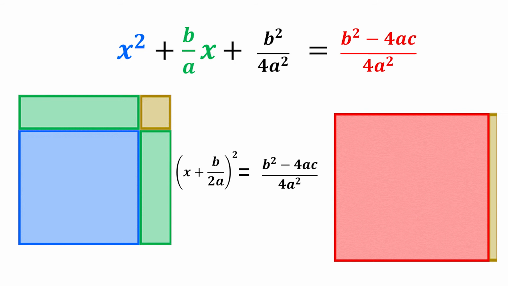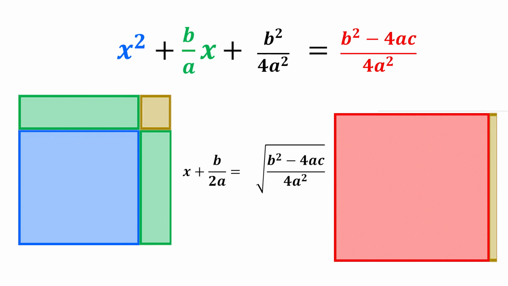Since we are looking for the value of x, we see that x is only found on one side of the equation. Because that side is being squared, we will take the square root of it. What we do to one side, we must also do to the other side. Thus we will end up with x plus b over 2a is equal to the square root of b squared minus 4ac over 4a squared.